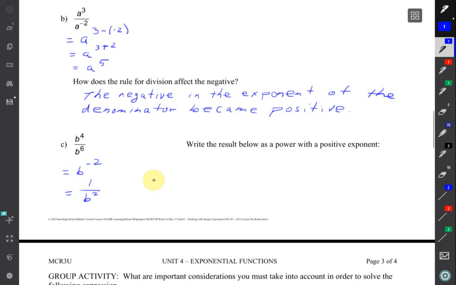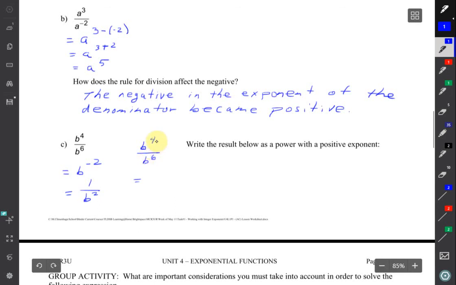The other approach to this, which is one that I'm going to suggest that we use when we're simplifying more complicated exponential expressions, is that if we want, we can think of, for example, canceling b to the 4 in the numerator and canceling b to the 4 in the denominator.